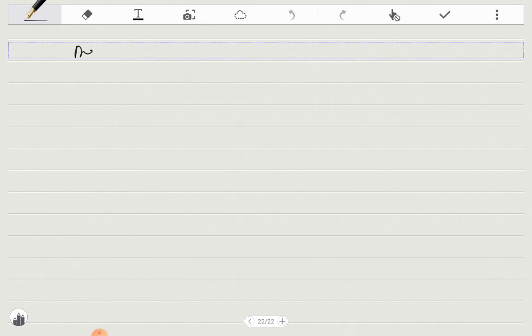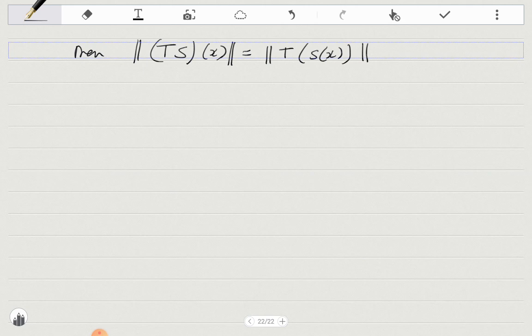Then norm of TS of x is equal to norm of T of S of x, and we have seen that this is less than or equal to norm T multiplied by norm S of x.